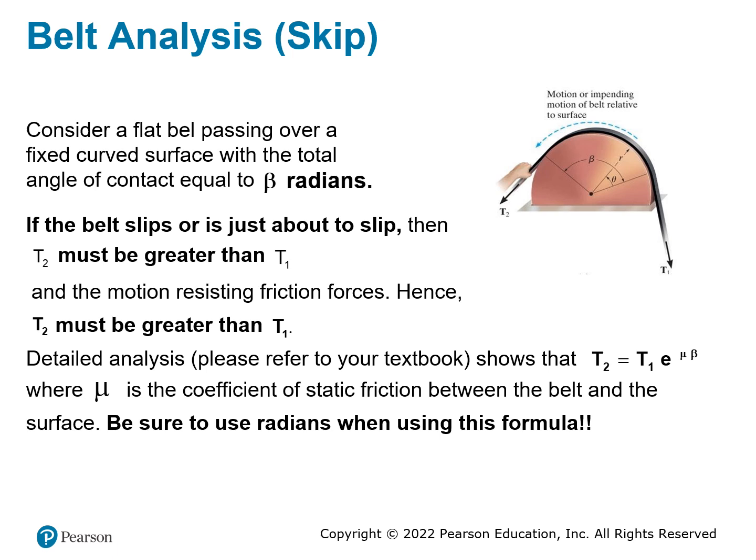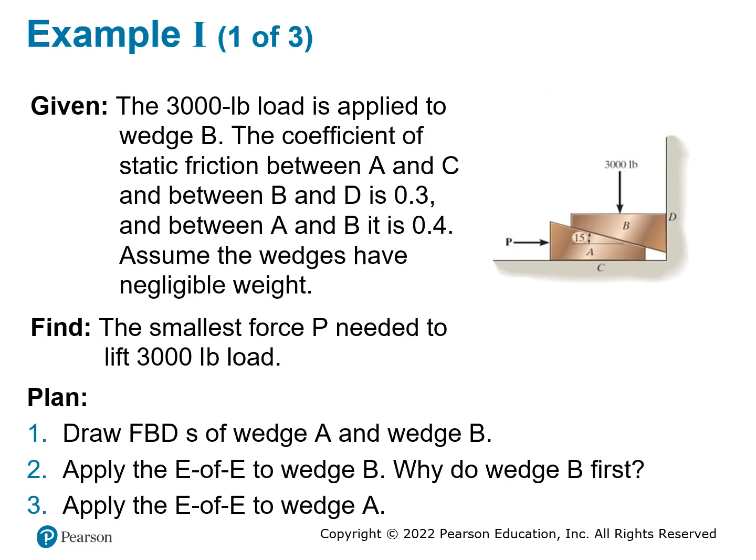The slip will have some friction in between them, and there's some kind of equation. We're going to skip this part here. It's a little bit more complicated, so we're going to skip the belt analysis. We're going to look at the wedge. We're going to focus on this one.